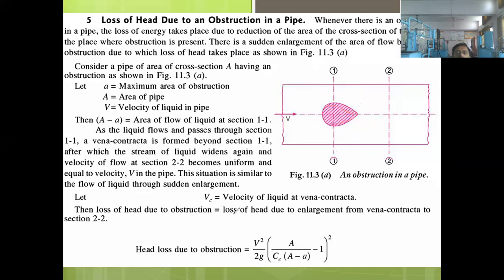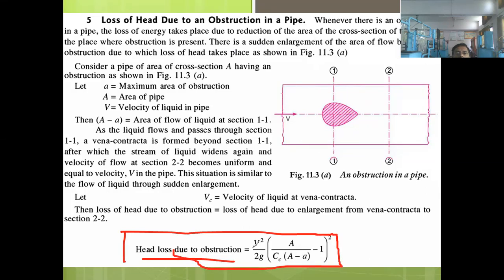Now here directly write down this formula. Loss of head due to obstruction is equal to V square upon 2g, bracket, capital A divided by Cc into (A minus small a), bracket complete minus 1, bracket square.